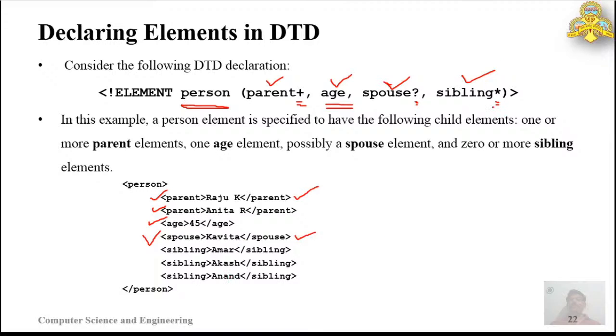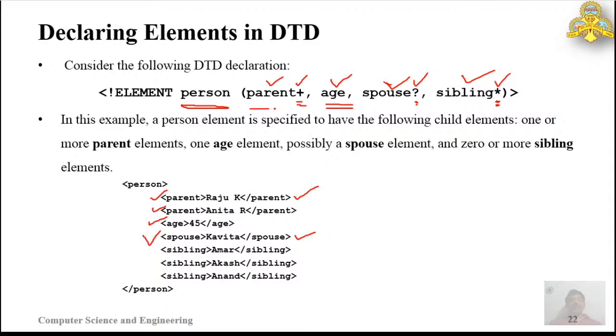And sibling: they may not have any siblings, or there may be one or many, so there is no constraint on the actual number of siblings, so the modifier used there is 0 or many, that is asterisk. For spouse it is 0 or 1, whereas for parent you have to provide at least one parent's information, so there will be a plus sign.